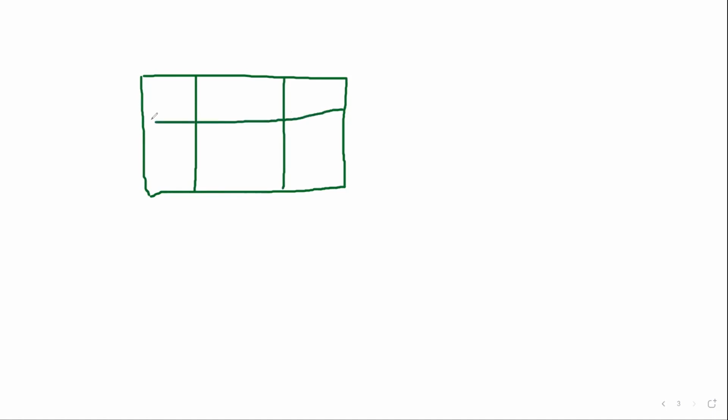All right, let's draw the table like this, with the bottom going across here. That looks more believable. Now, some columns here.